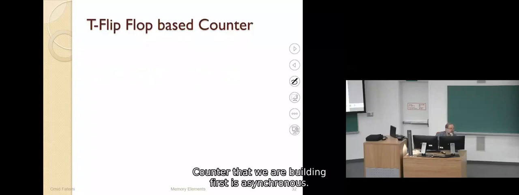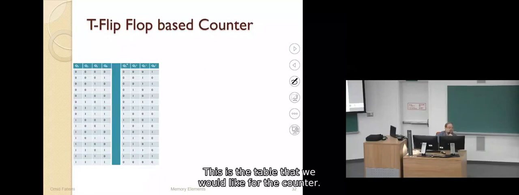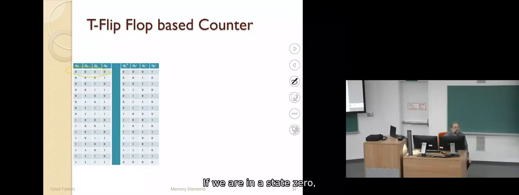The counter that we are building first is asynchronous. I will tell you why I call it asynchronous. I will use T flip-flops for my counter. You remember T flip-flop? This is the table that we would like for the counter. If we are in state 0, then the next clock it becomes 1. If we are in state 1, when the next clock comes, we want the output to become 2.